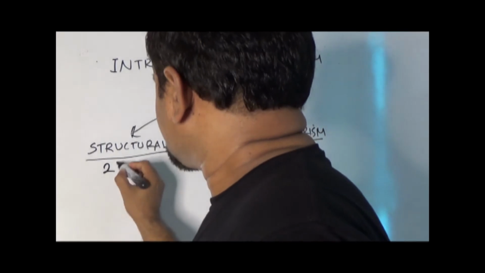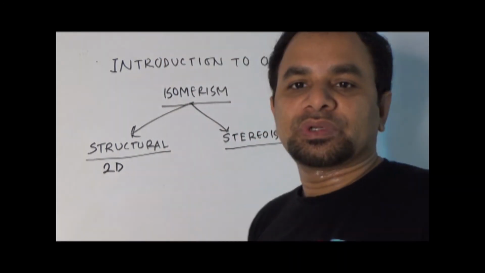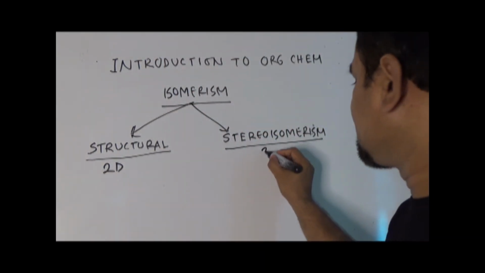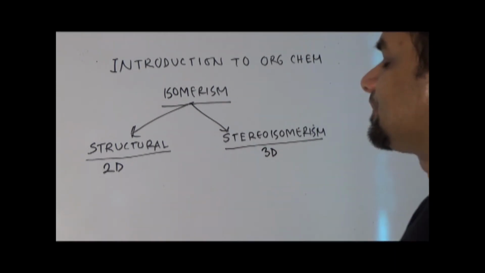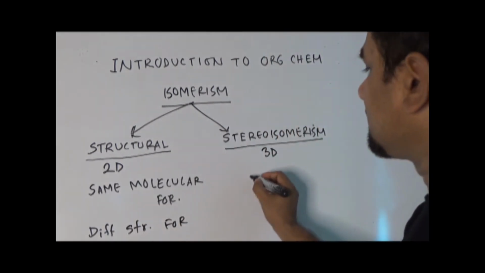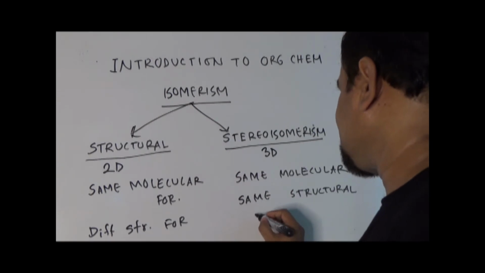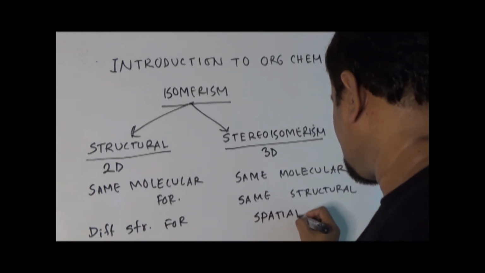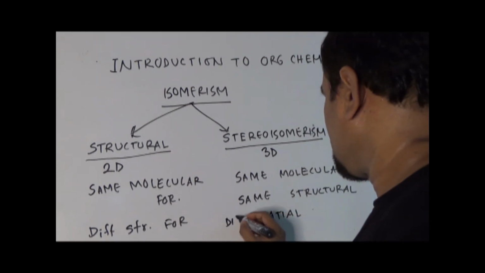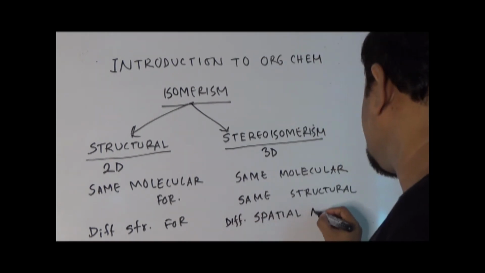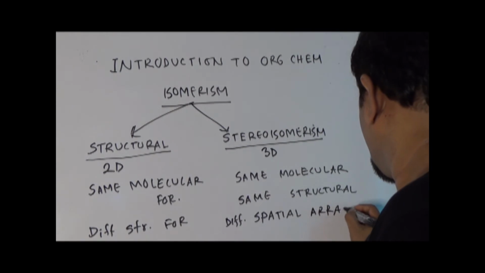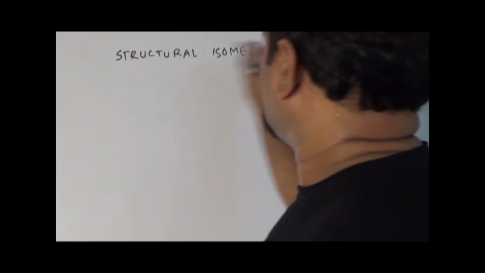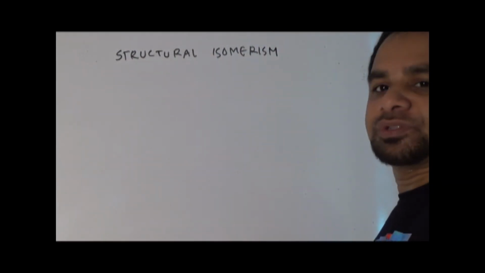Structural isomerisms are two-dimensional isomerism, and the stereo isomerisms are 3D isomerism. Structural: the same spatial arrangement. Stereo: different spatial arrangement.